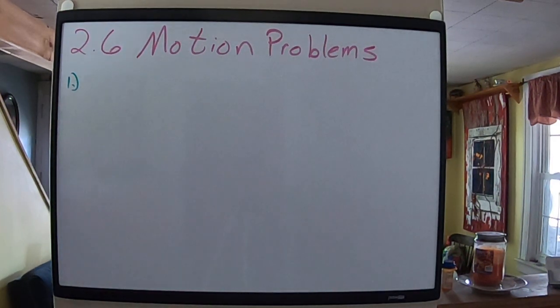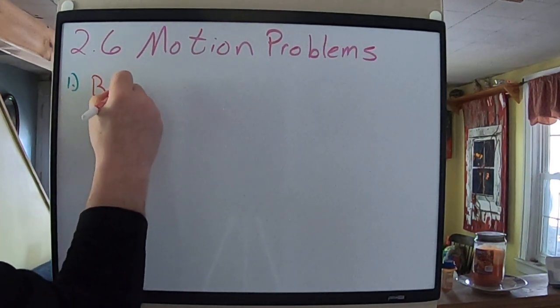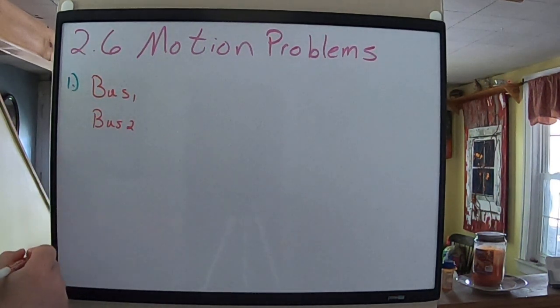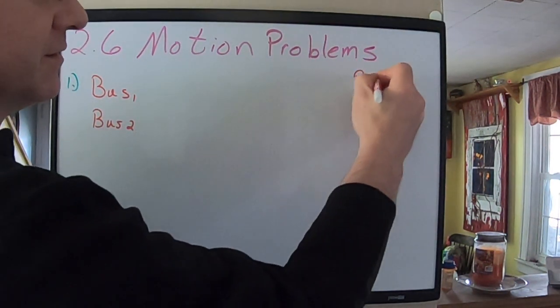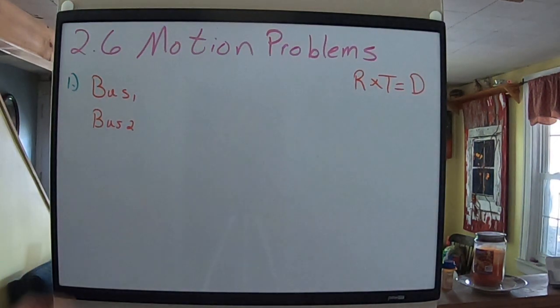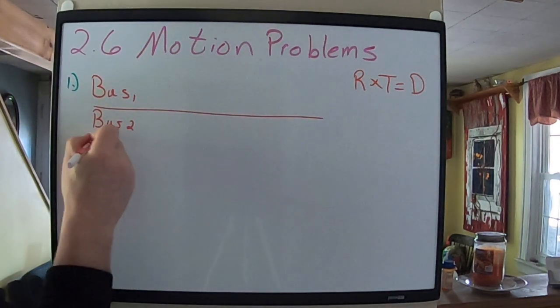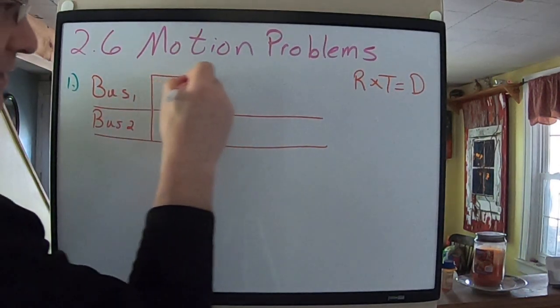Well, the first thing I'm going to do is, we talk about 2 buses, bus 1 and bus 2. I'm going to make a table. Now this table, in general, rate times time equals distance. So when I make my table here, I need 3 sections.